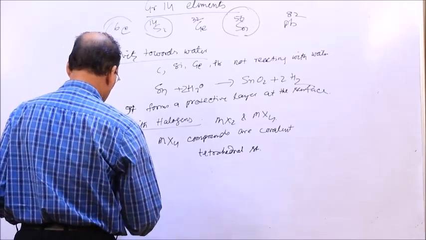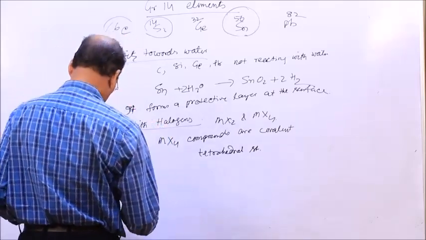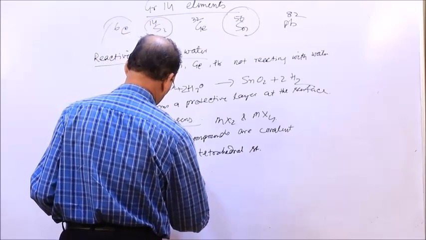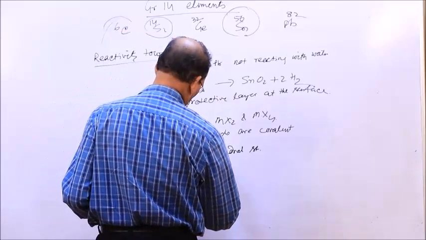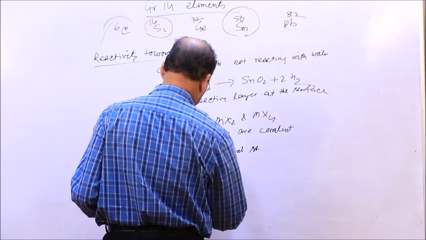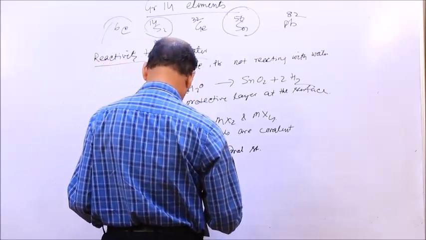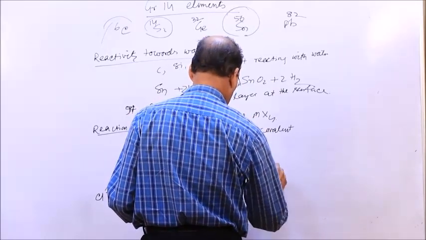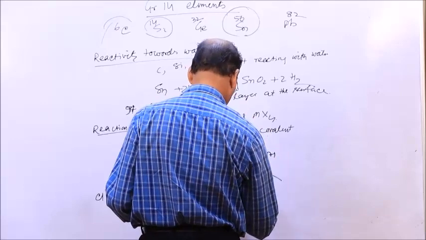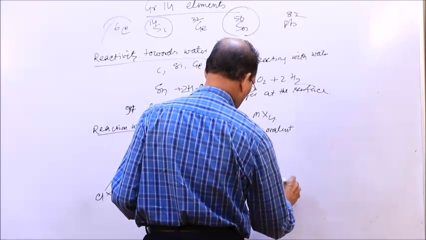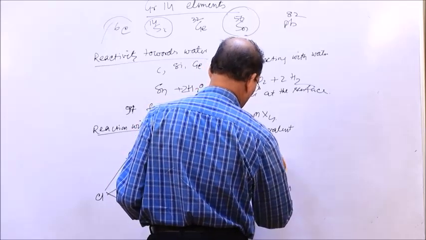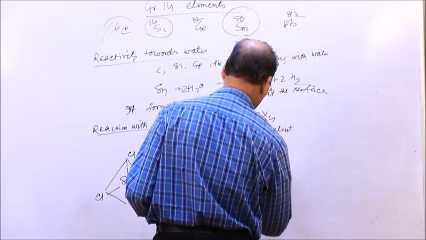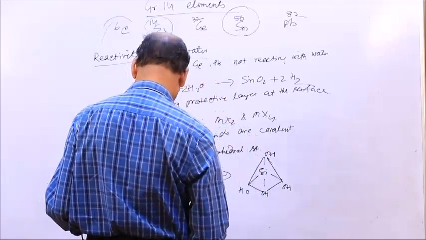This silicon tetrachloride can be hydrolyzed, forming silicic acid, which is also tetrahedral in structure.